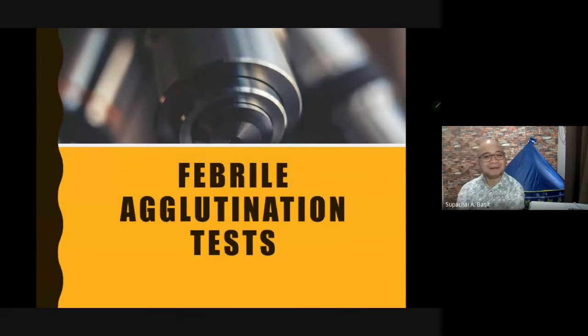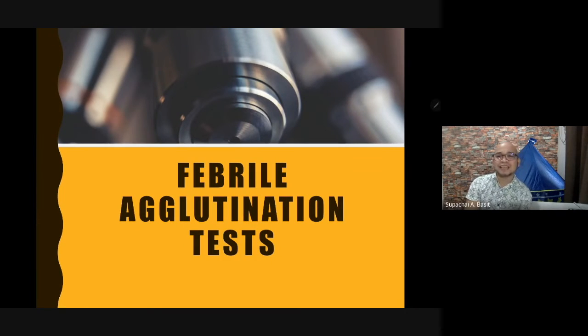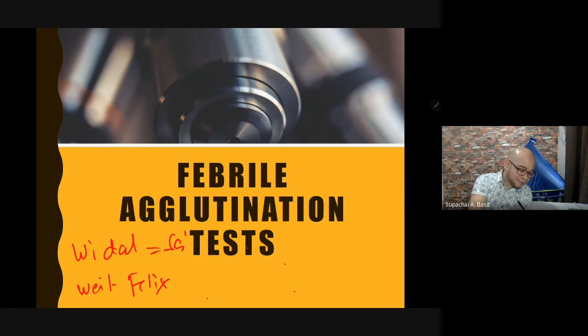Okay, so let's talk about the febrile agglutination tests. The febrile agglutination tests are actually a group of tests for bacterial infections that can be positive in agglutination, such as the Widal test and the Weil-Felix test. Widal test is for Salmonella and Weil-Felix is for rickettsia.